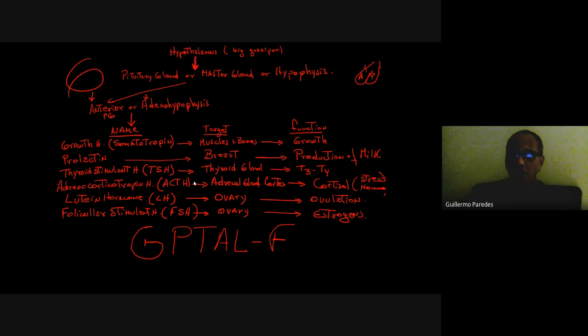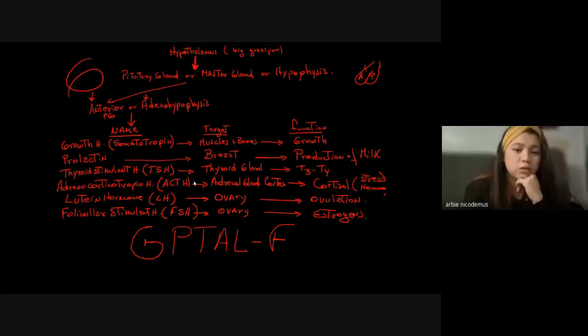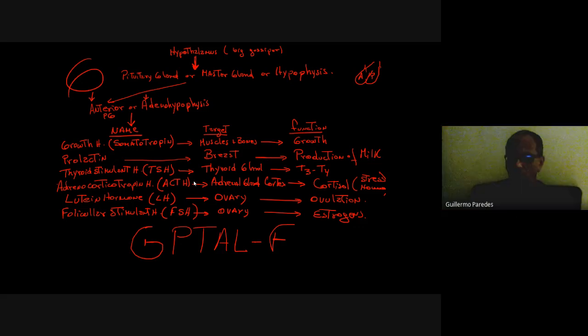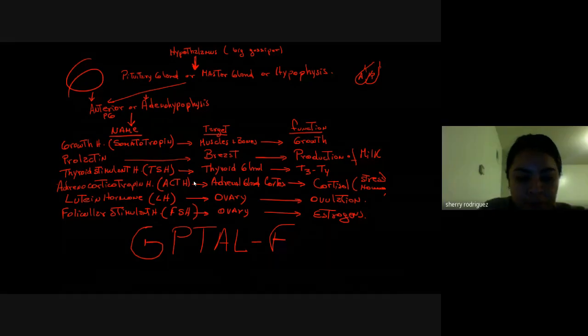We have the ACTH. The ACTH has as a target organ the adrenal gland cortex. And what is it going to produce? Cortisol. We have the LH. The LH target organ is the ovary. What is it going to do in the ovary? Ovulation.